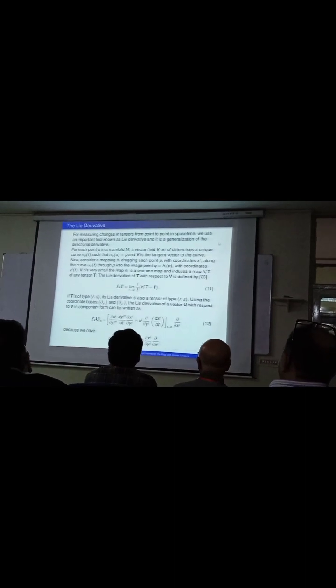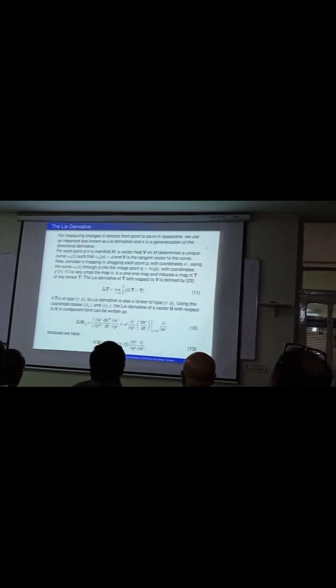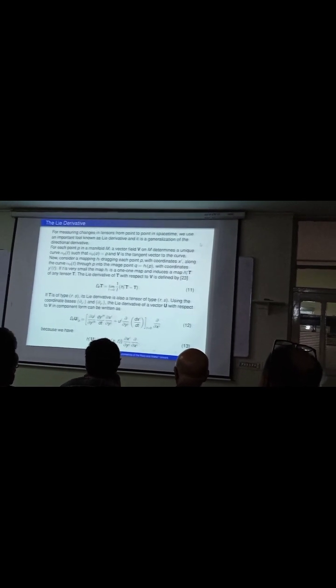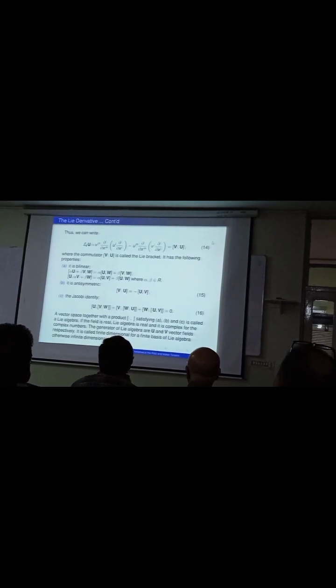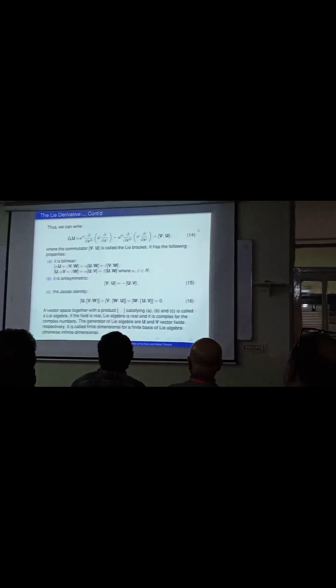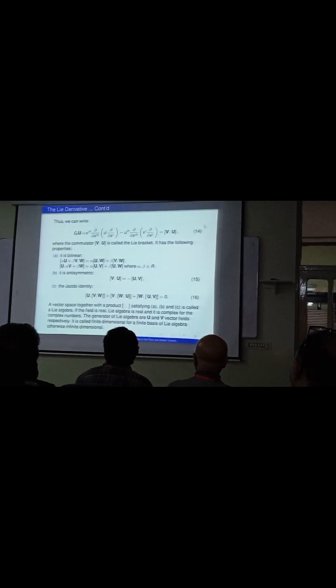So this is the background definition of a Lie derivative of a tensor in 11, and the Lie derivative of any vector u with respect to v is given in equation 12. This is accompanied by what is called the Lie bracket, which must satisfy three conditions: bilinearity, antisymmetry, and the Jacobi identity given by 16.